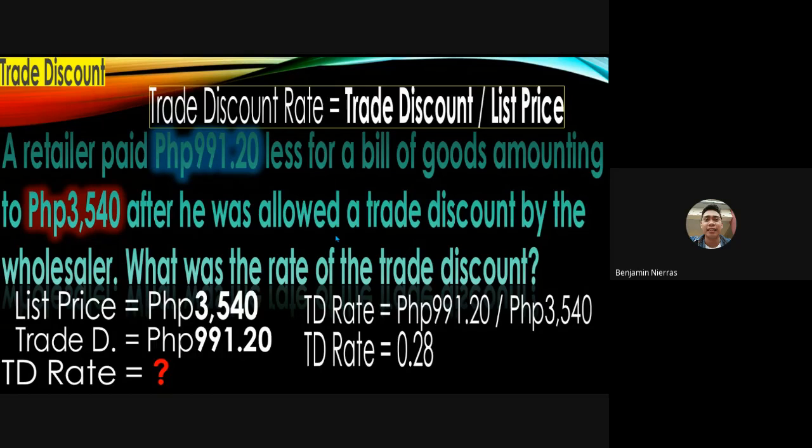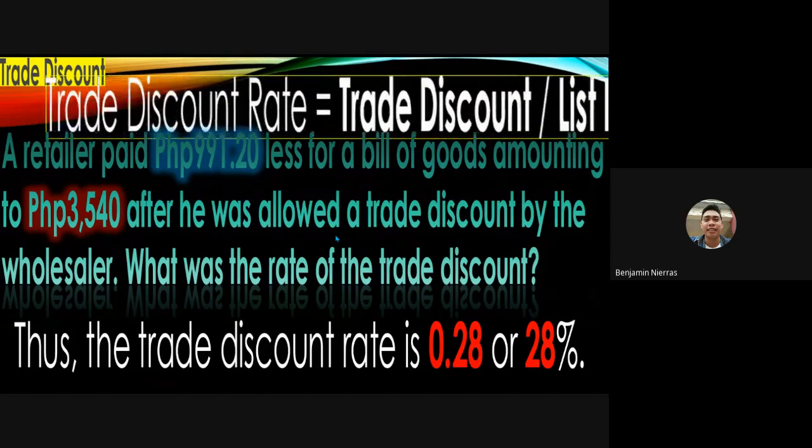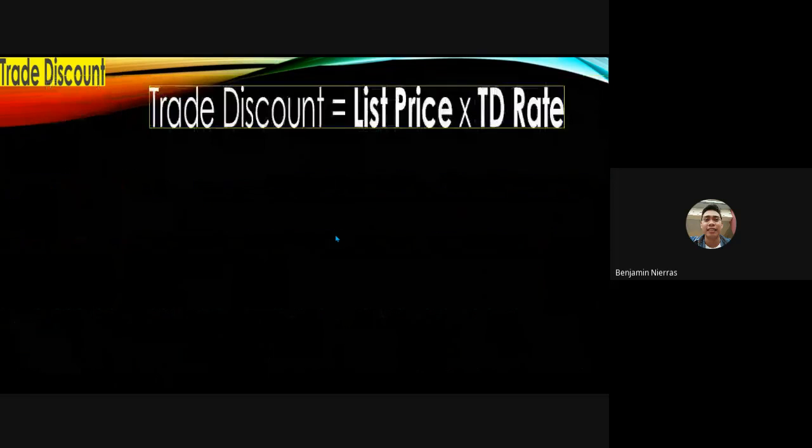So, yung na-menos mo palang 991 pesos and 20 cents ay 0.28 or 28% ng 3,540 na list price. So, the trade discount rate is 28%. 28% ang na-menos mo. So, be familiarized with the formula. Trade discount divide by list price.